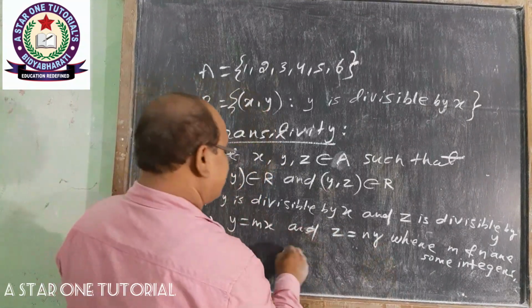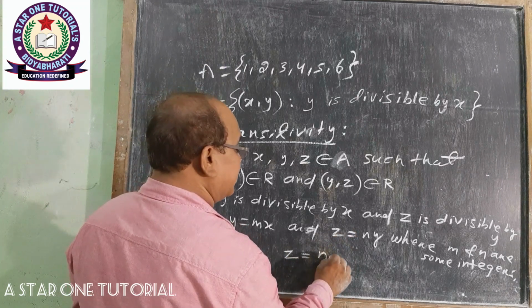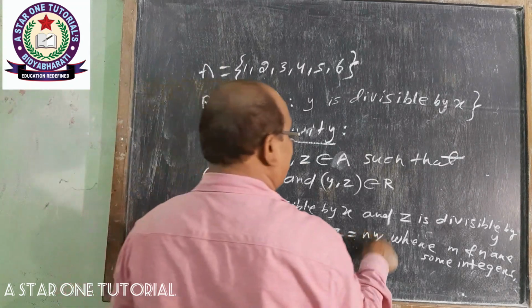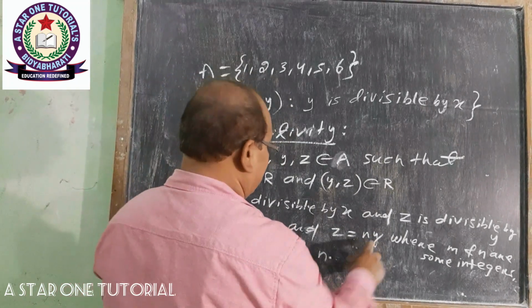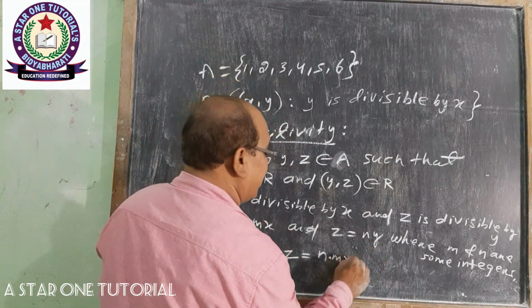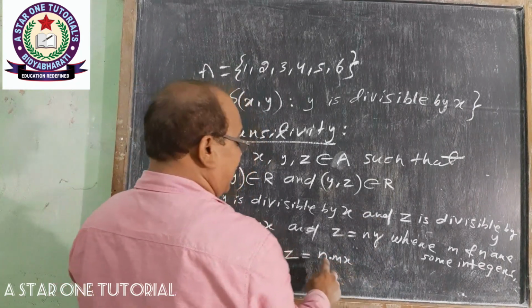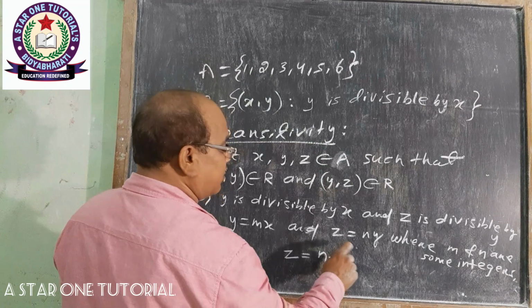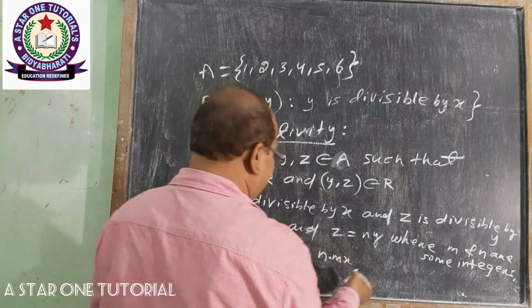Then z equals n times y. Now replace y by its value, that is mx. So z equals n times mx, and nm is another integer, because we know that the product of two integers is also an integer.